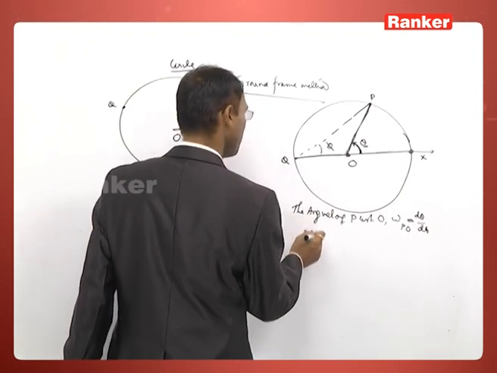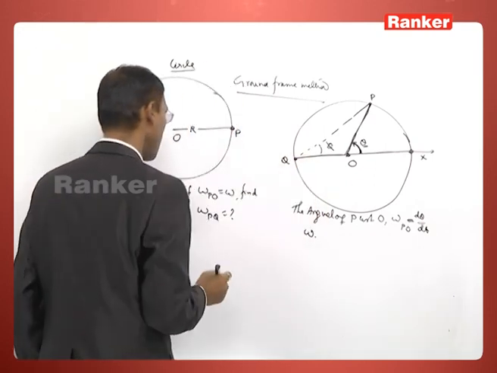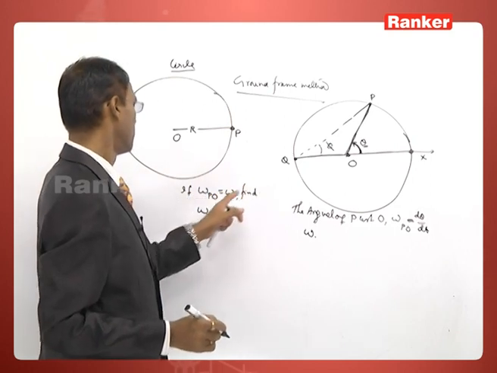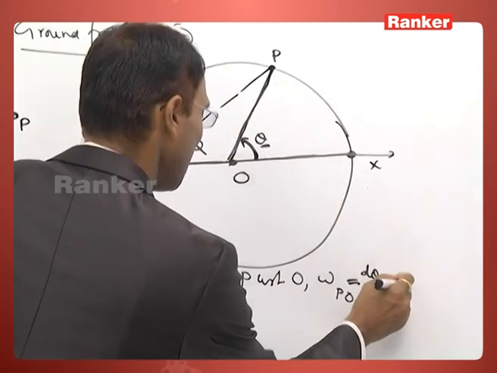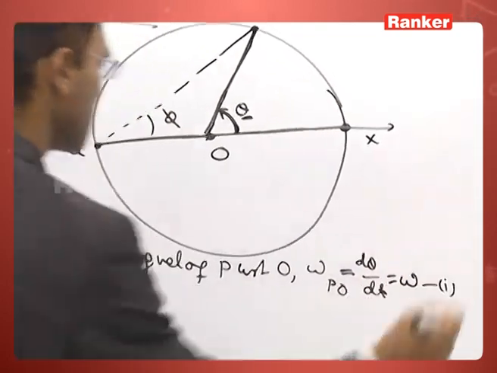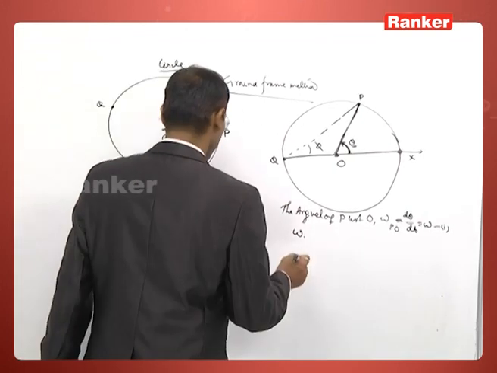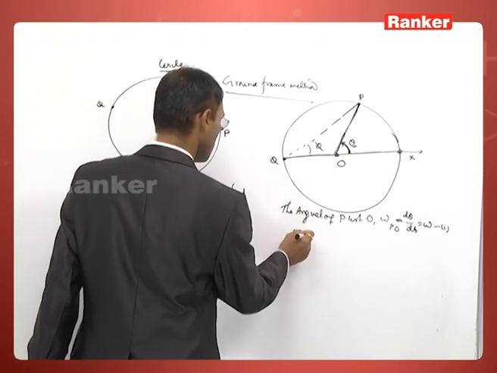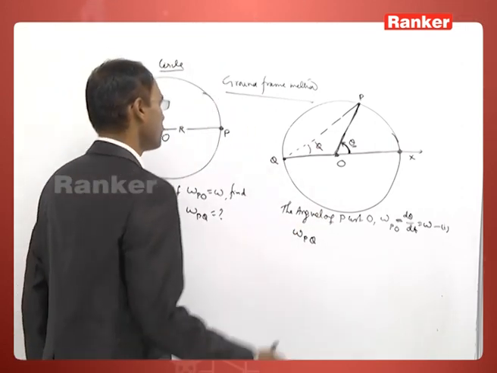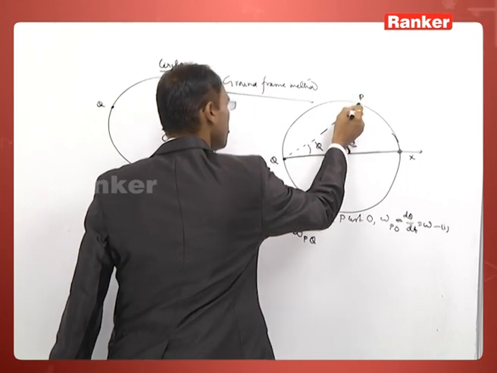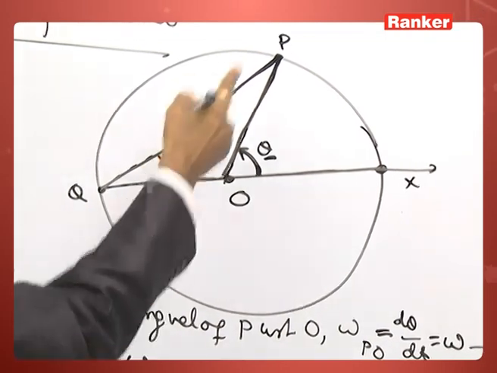Whereas the angular velocity of P with respect to O is given as omega. We need to calculate the angular velocity of P with respect to Q. So here is the straight line PQ.